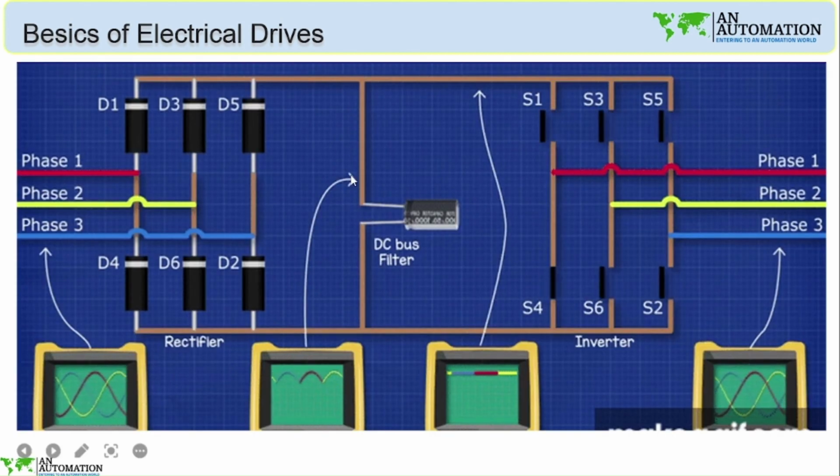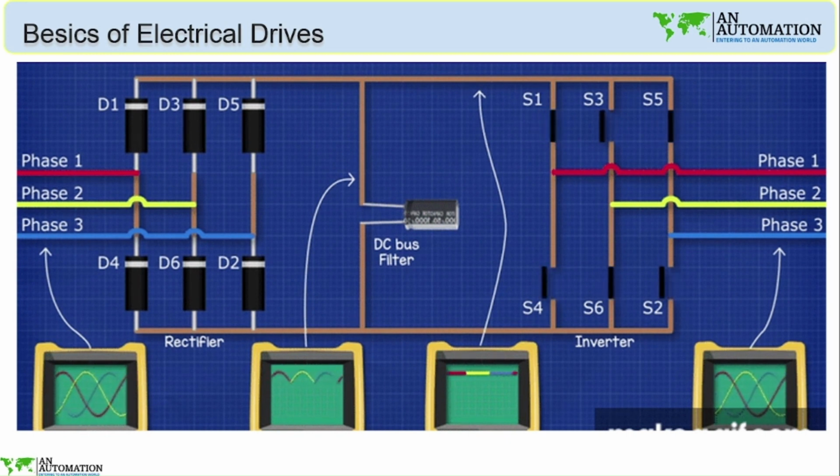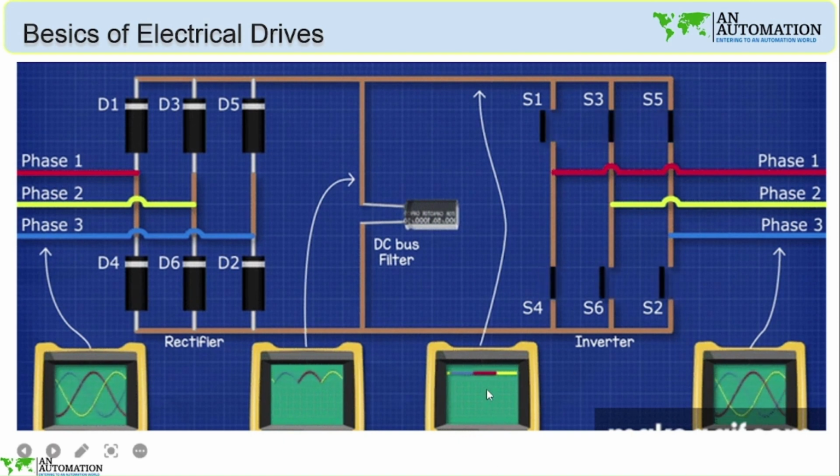So this is the basic GIF to understand how we can use the three-phase supply in the rectifier section. How can we get the pulsating DC from the rectifier section, and then we filter it to nearly linear DC supply.